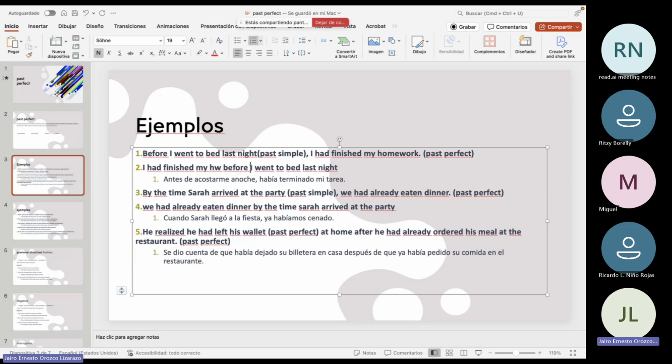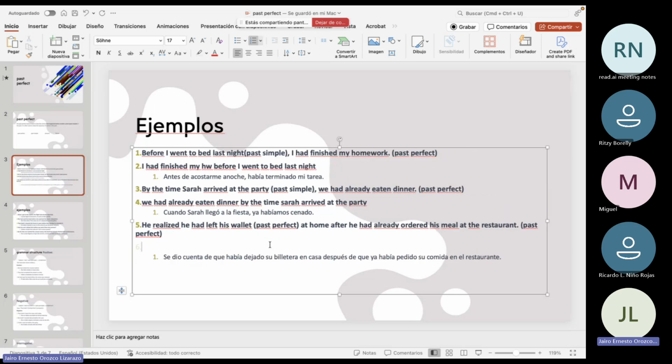Oh, I made a mistake right here. I had finished. I'm sorry. Before I went to bed last night, I had finished my homework. I had finished my homework. Ah, no, that's fine. That's fine. I'm sorry. In this case, you have to change it. He realized he had left his wallet at home after he had already ordered his meal at the restaurant. Yeah, in order to change it, so you want to say he had already ordered his meal at the restaurant.